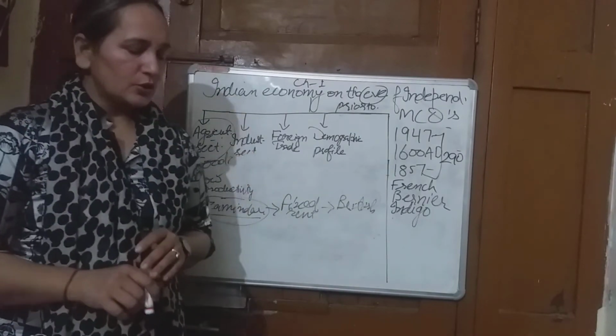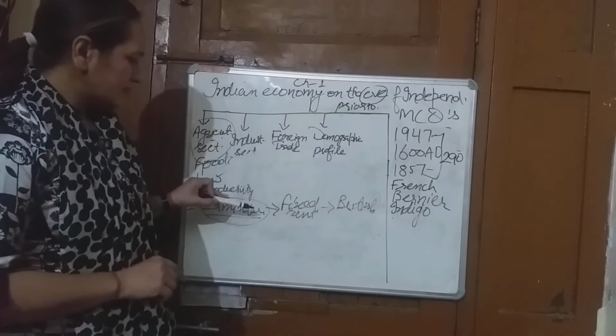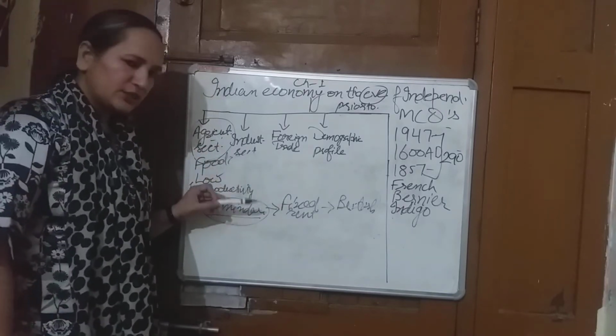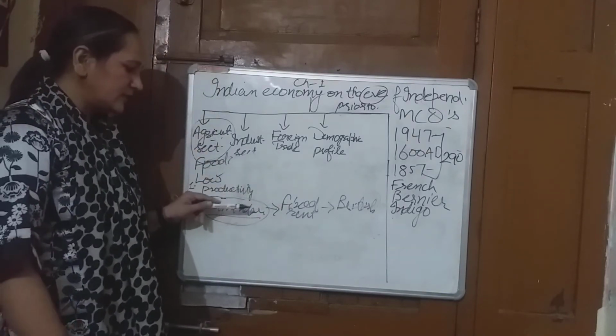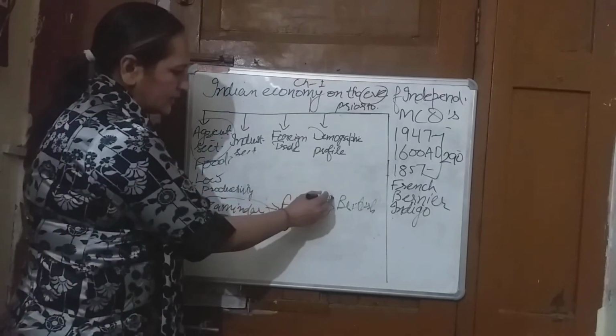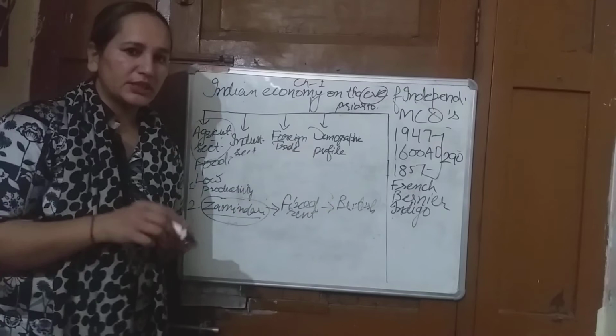So under this system, the British government made Jamidars the permanent owners of land, and they were supposed to pay a fixed amount of rent to the British government, but they were charging more than that.